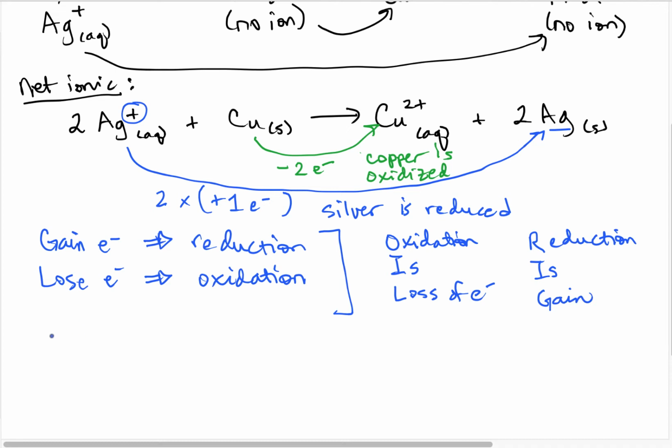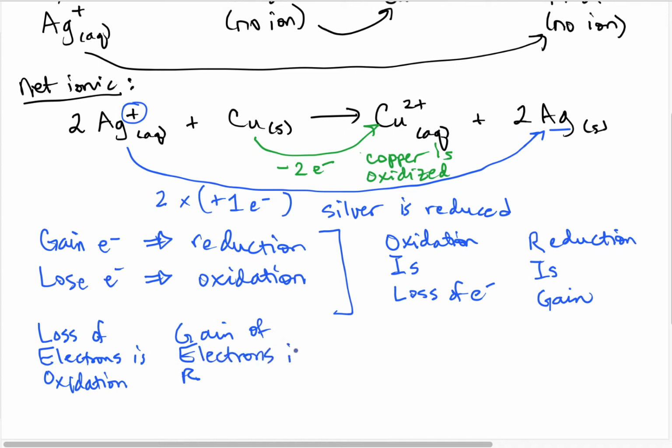Or the other one that I have heard is LEO GER, which I find a little bit contrived: loss of electrons is oxidation, and gain of electrons is reduction. Whatever you need to do to remember which one is loss and which one is gain, go ahead and do that.